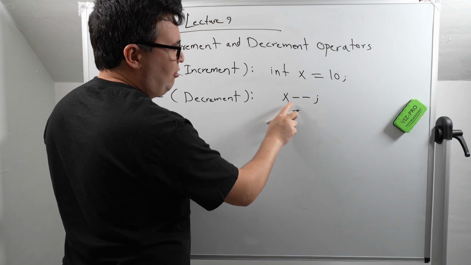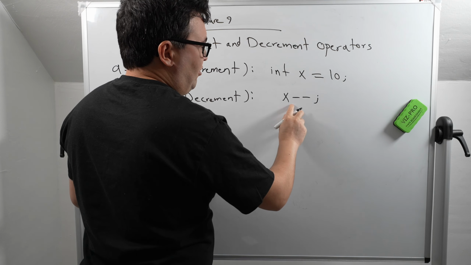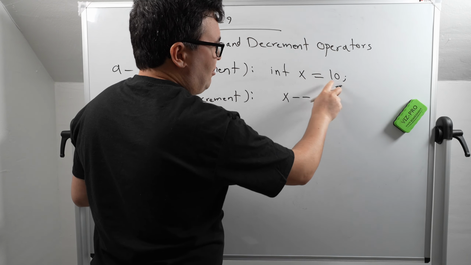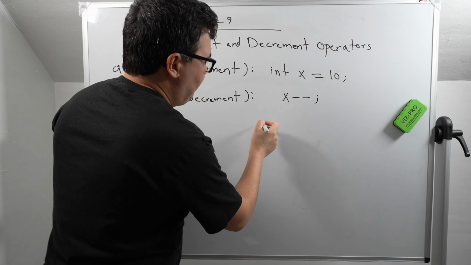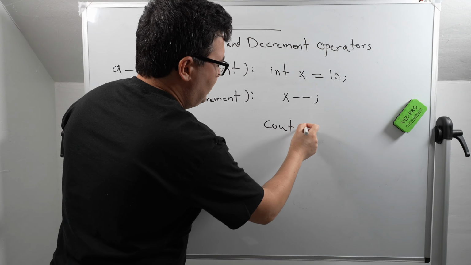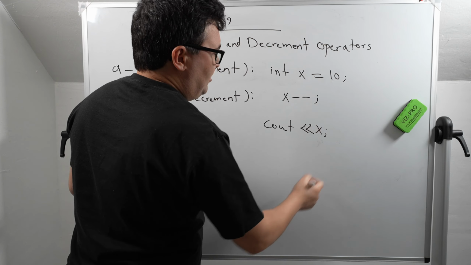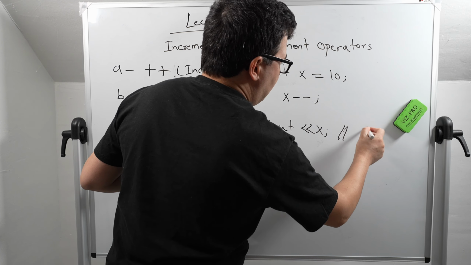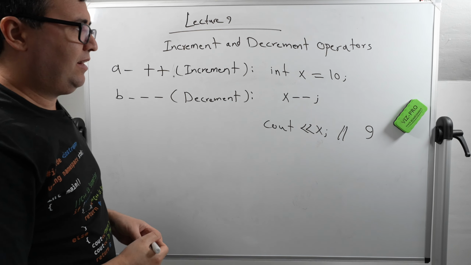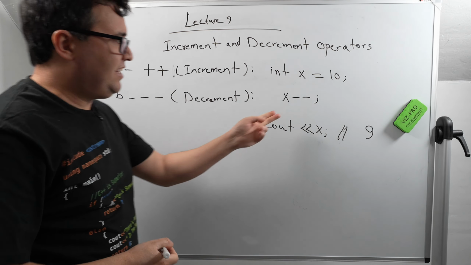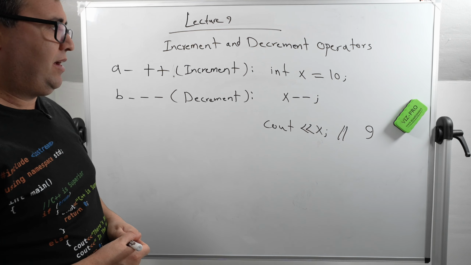It decreased the value of variable x by 1. So the variable x, which was 10, becomes 9. If we cout x now, the output will be 9. So this is the decrement operator.